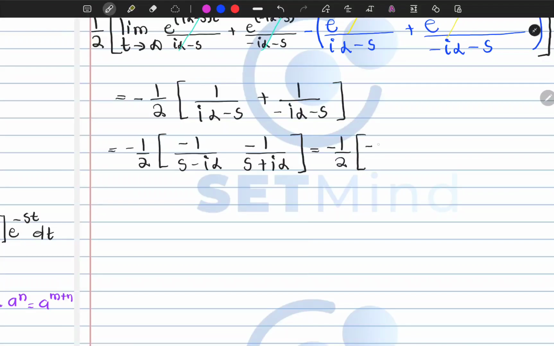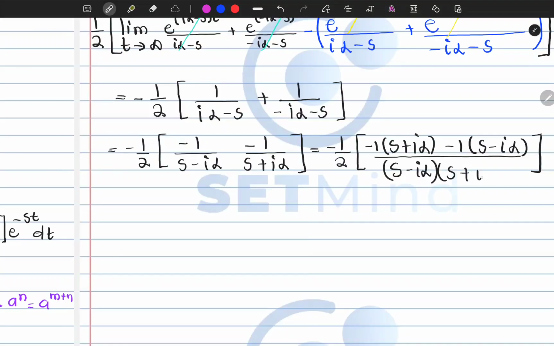You will have a negative 1 multiplying s plus i alpha if we make a common denominator, then minus 1 multiplied by s minus i alpha, like that. And the denominator will simply be s minus i alpha multiplied by s plus i alpha, like this.